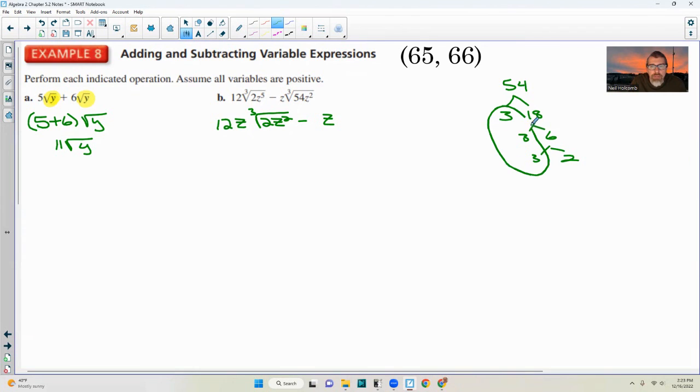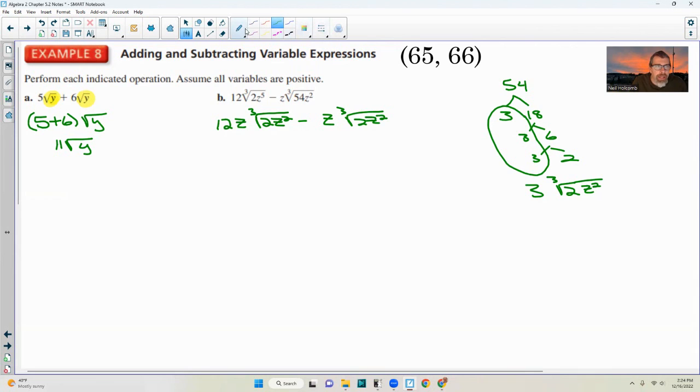So I have 3 3s. Remember, our root is cubed, so I need 3 3s to become 1 outside, and that'd be the cube root of 2 remaining. Okay, I'm not even talking about z squared, but that's still there as well. So I'm going to put z squared back in there. So this is going to be z times the cubed root of 2z squared.